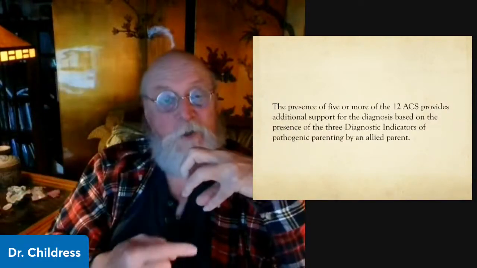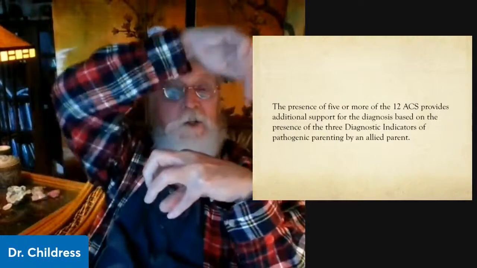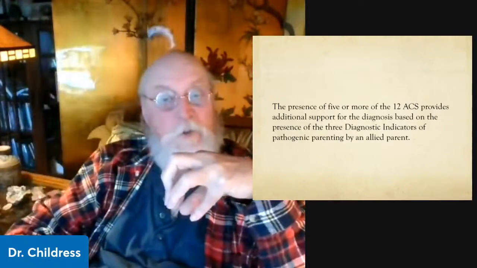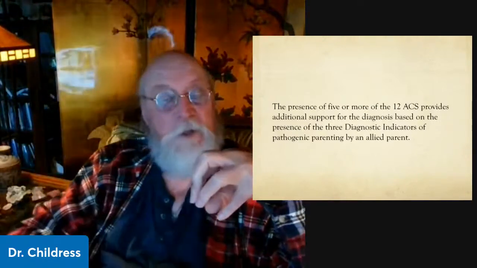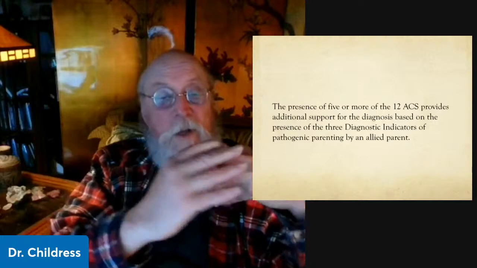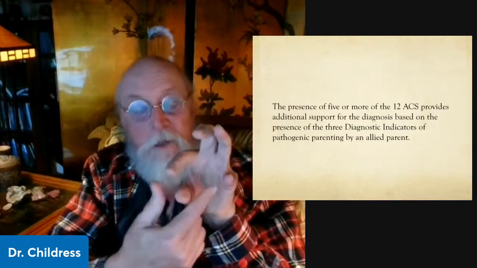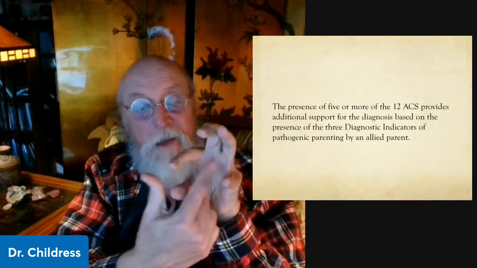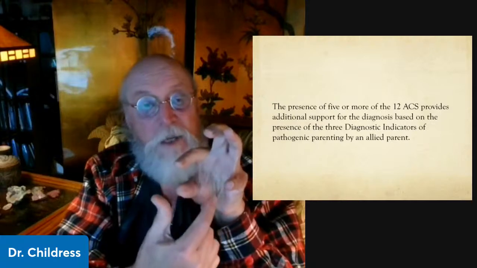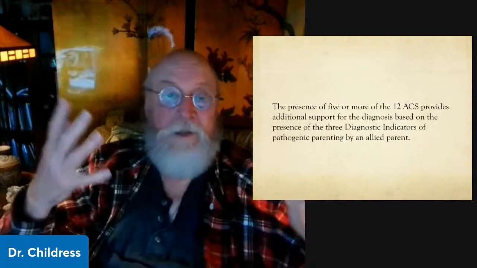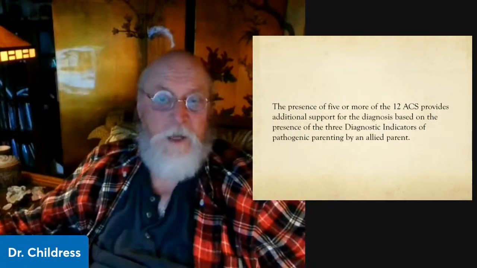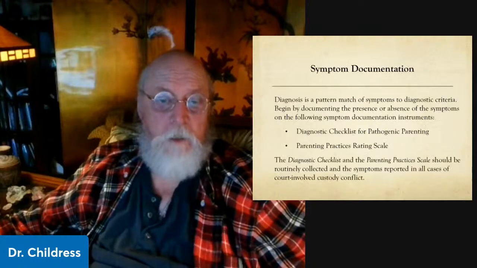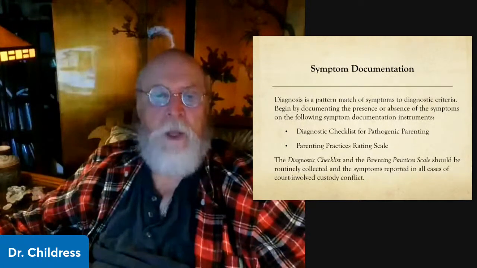You can look at the persecutory delusion, you can look at the factitious pathology, you can look at the splitting and the personality pathology, you can look at the family system stuff, or you can open it up and look right inside and you'll see 8, 10 of these ACS in here. It's pretty much a diagnostic lock, the Diagnostic Checklist for Pathogenic Parenting.